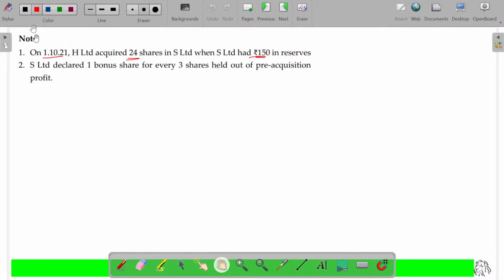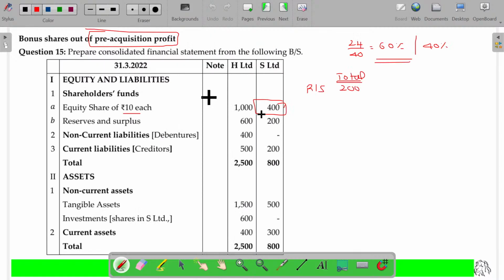Now, S Limited had 150 on 1/10/21, as on the date of acquisition. Okay, pre-acquisition and post-acquisition.